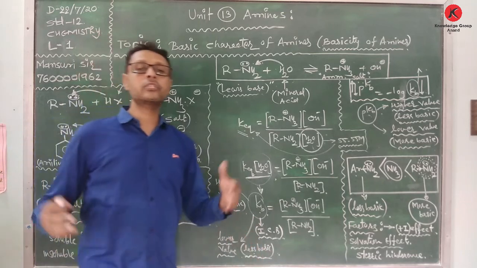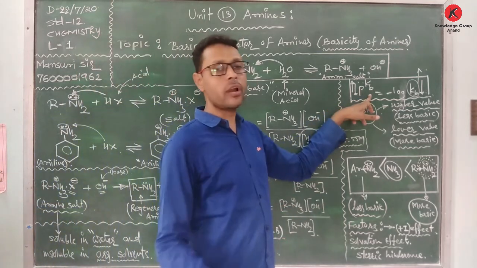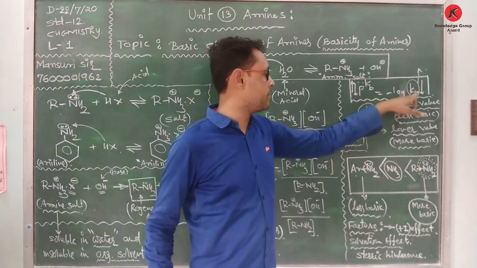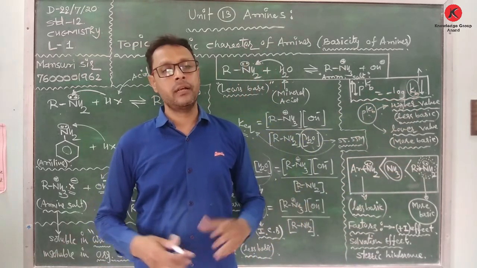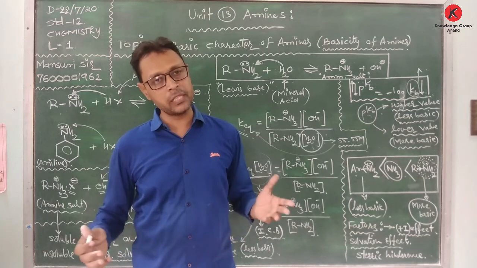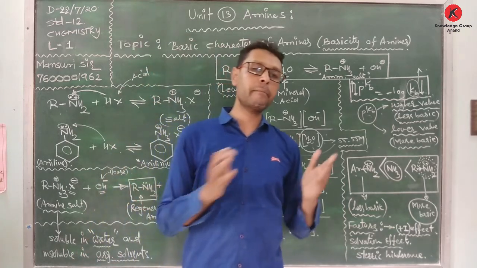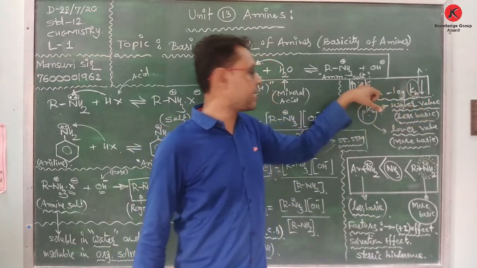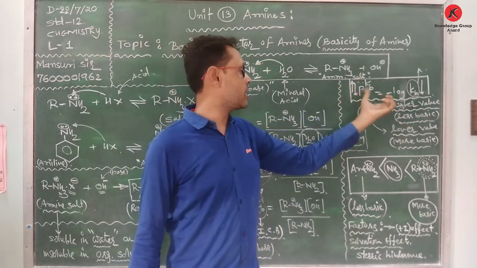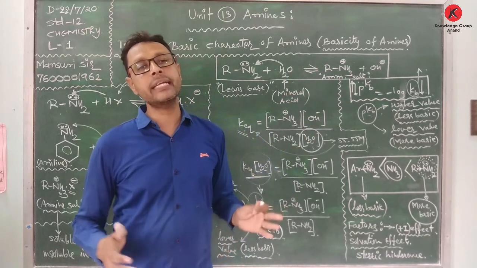Now this is the correlation between pKb and Kb. As you know, pH is minus log of H plus, so H plus and pH have a correlation. That is why Kb and pKb also have a correlation: pKb is minus log of Kb.